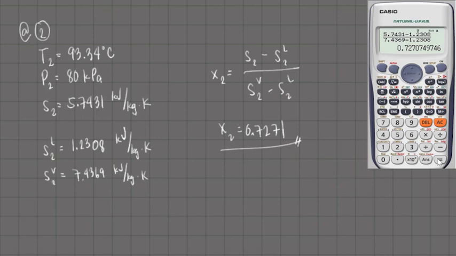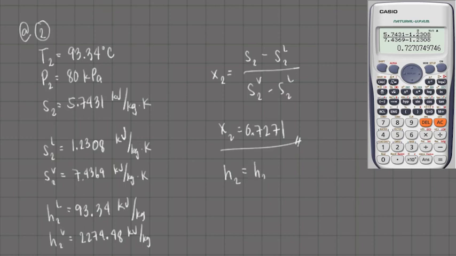With this value of the quality, we can now estimate the value of H2. Here, I have listed the interpolated values of the specific enthalpy of the liquid and the vapor at stream 2 conditions. From this, we can determine the value of H2 by the formula H2L plus X times H2V minus H2L.